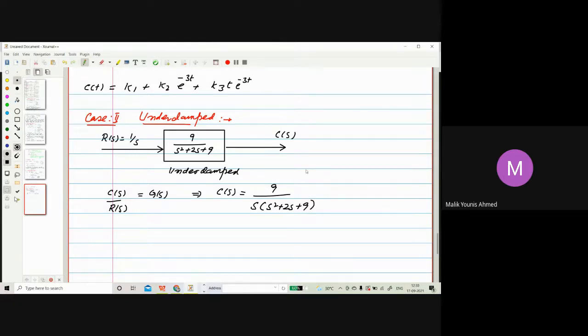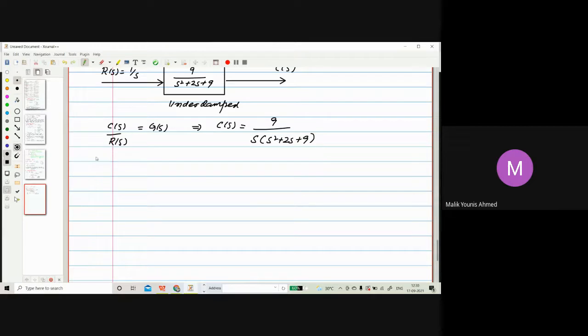This will be equal to A by s plus, because the degree is 2, we use Bs plus C divided by s square plus 2s plus 9. Multiplying by the denominator of the left hand side, 9 will be equal to A into s square plus 2s plus 9 plus Bs plus C into s.